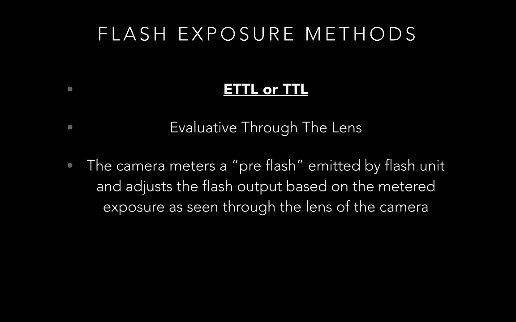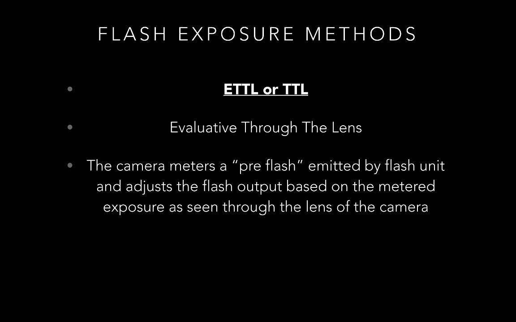eTTL or TTL. Now, you'll see them written both ways, and it's basically evaluative through the lens or just through the lens. Basically, what this means is the camera is going to meter a pre-flash. When you press your shutter release, before the camera actually opens that shutter, it's going to emit a quick pre-flash.